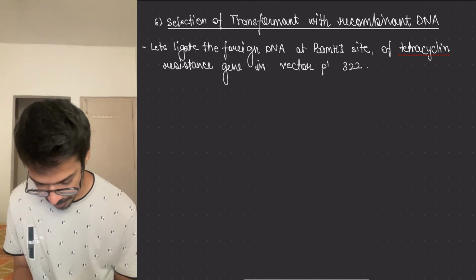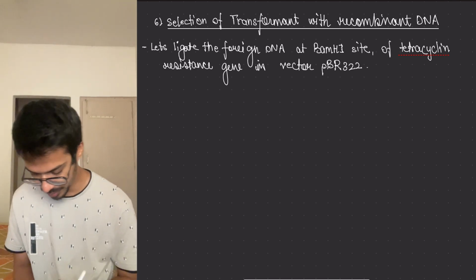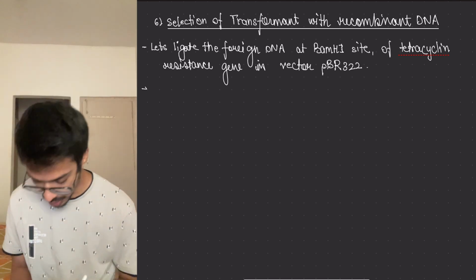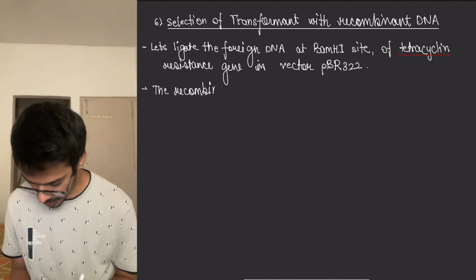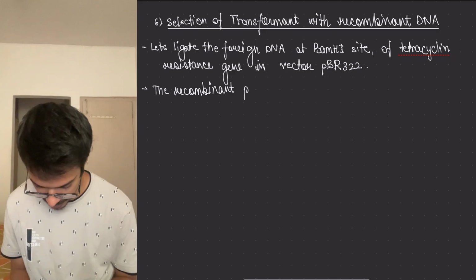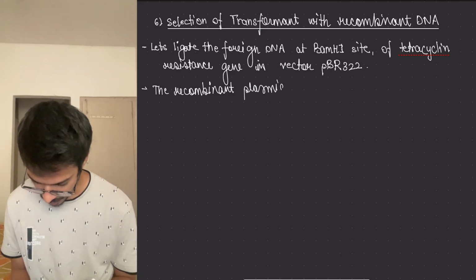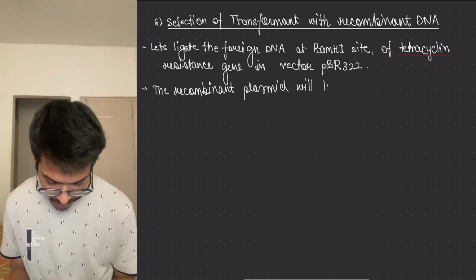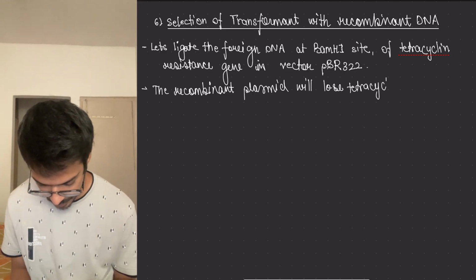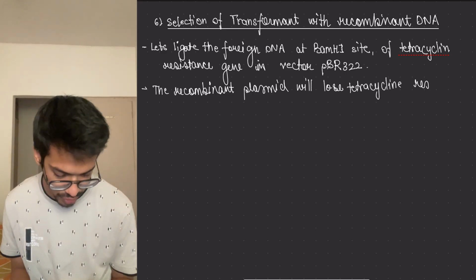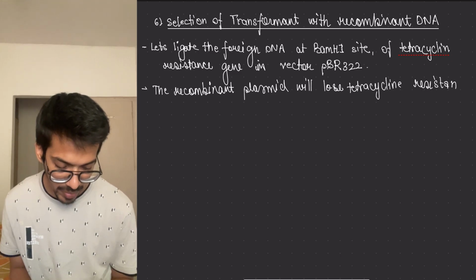That is pBR322. Now what will happen? The recombinant plasmid will lose the tetracycline resistance gene, because I have made a cut.